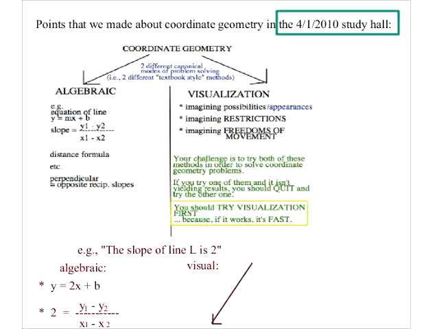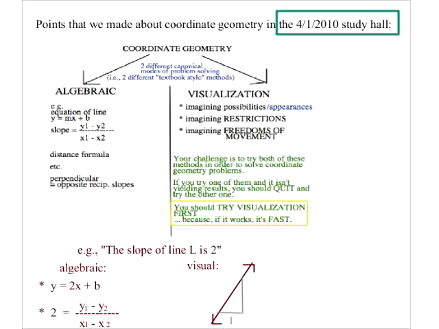It goes up from left to right. Specifically, 2/1 is the slope. So for every 1 unit that it goes over, it goes up by 2 units. So that's what it looks like from the visual standpoint.